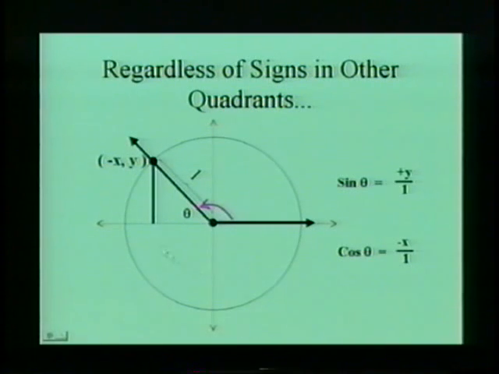So this point out here, instead of saying negative x, y, couldn't we say it's cosine, sine? Because cosine is negative x, and sine is positive y. I'm going to be doing those changes, so don't get mad at me.